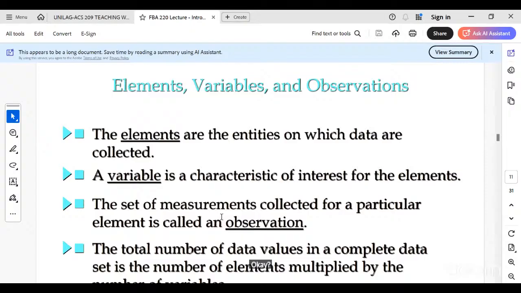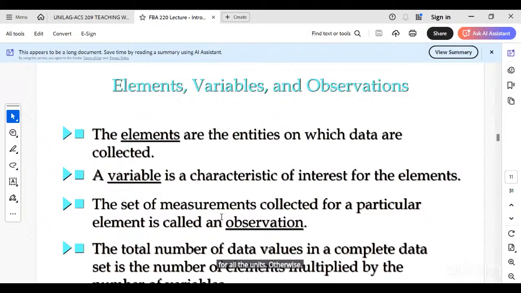Not that it is a variable because it varies. It is a variable because that is what I am interested in. Of course, it will vary from one unit to another. It's not a constant. When it's a constant, it means that it is the same for all the units.